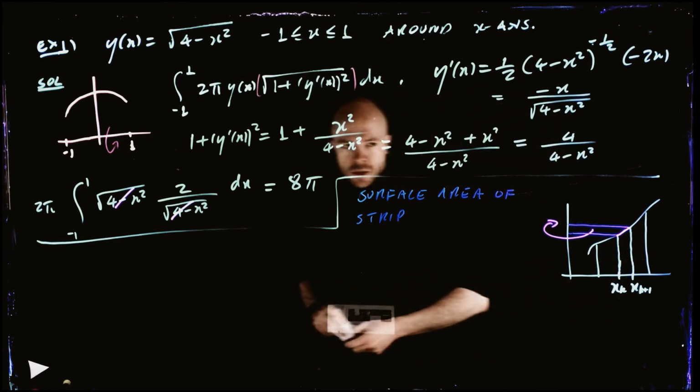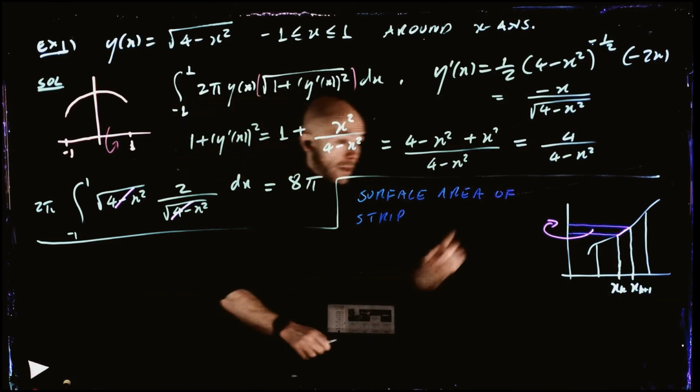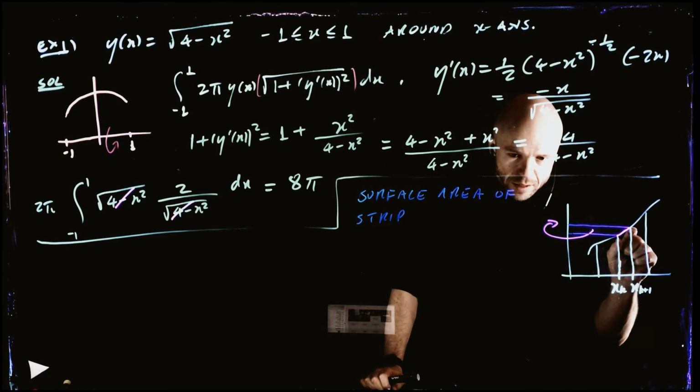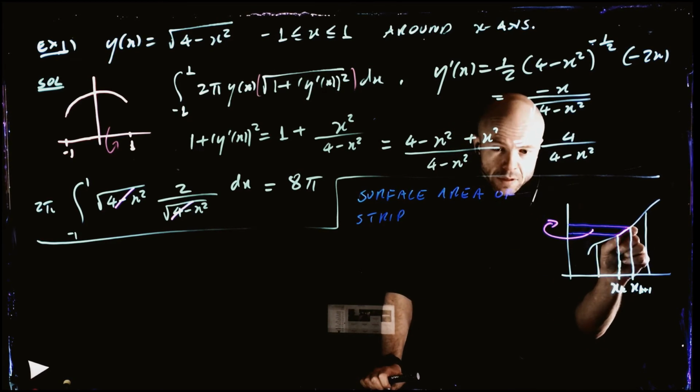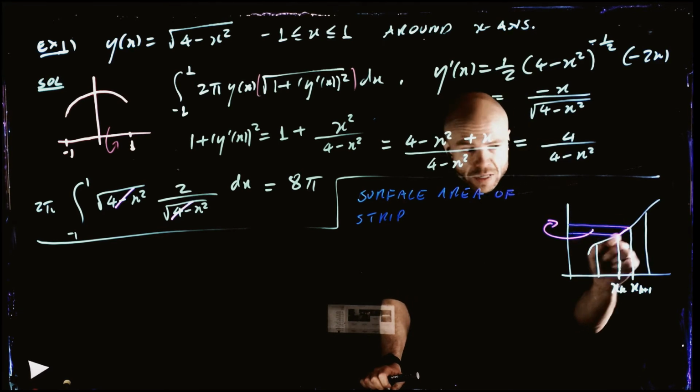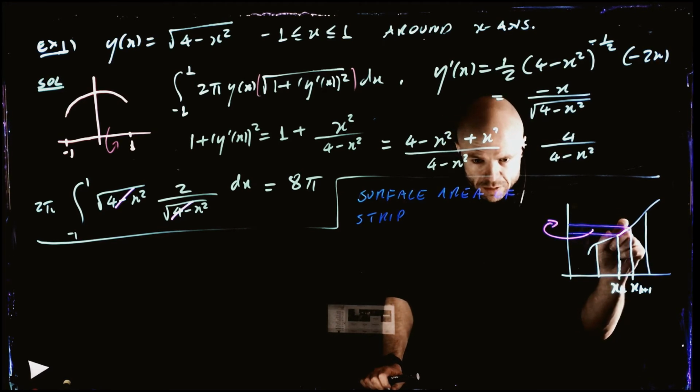Okay, cool. So that's the radius, and then this thing here is the thickness. But that thickness we can understand from the formula that we had before by just using the tangent line to approximate this thing as the hypotenuse of a triangle.